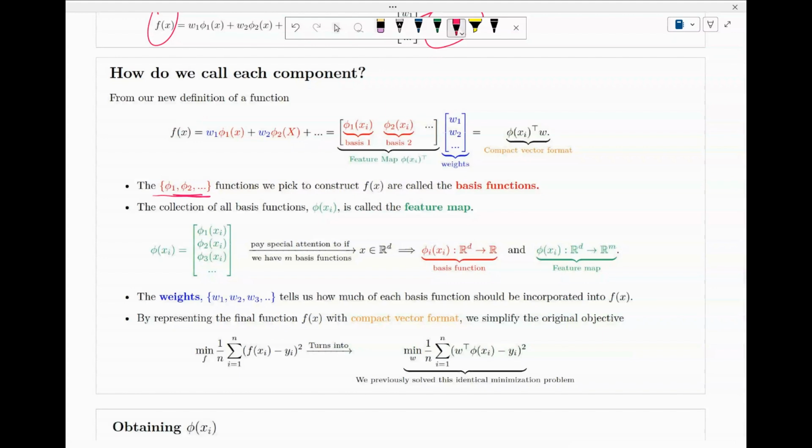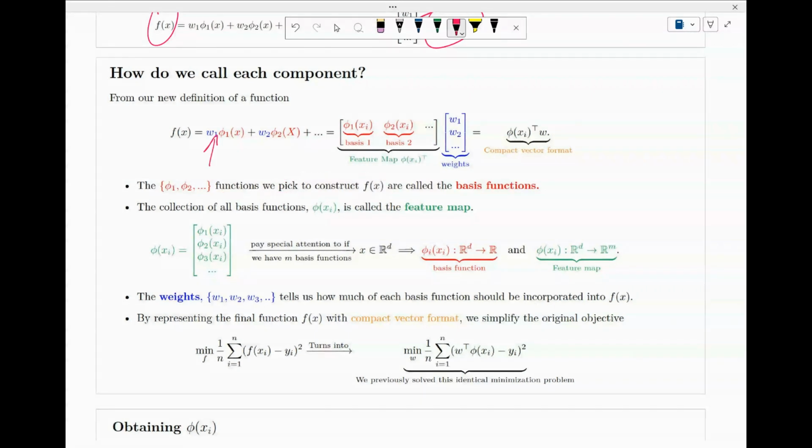These functions, the functions we pick to essentially construct f of x, are called the basis functions. Notice they're all red, color coded. So the red portions are the basis functions. Once again, basis functions are the functions we pick to construct f of x.